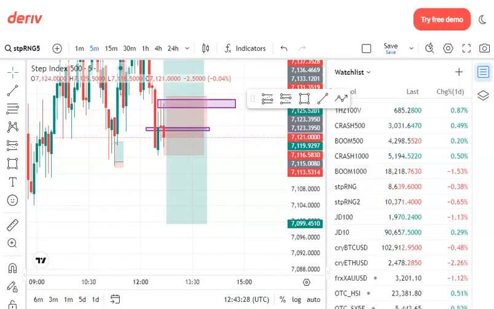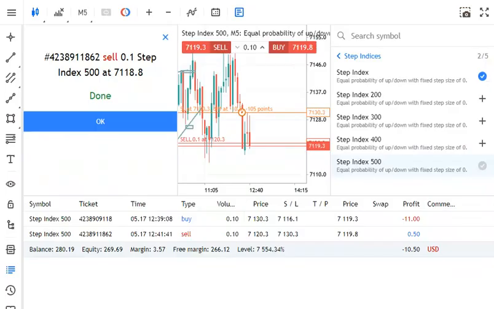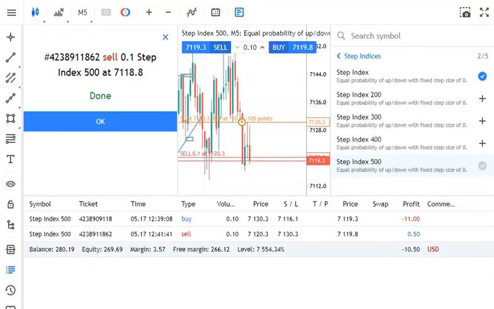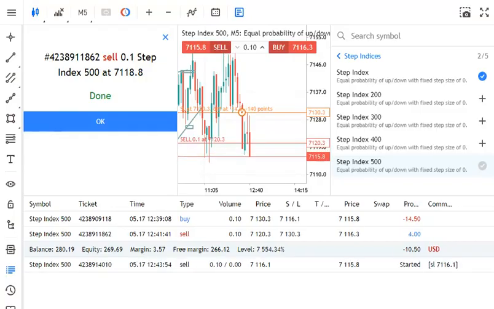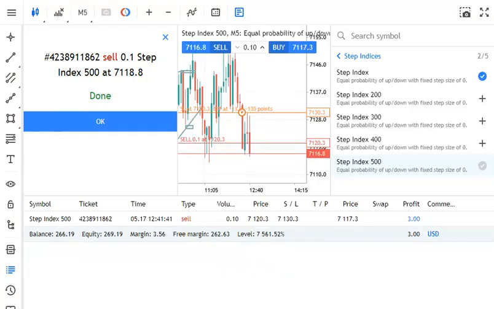So let's say 238 USD. Is it 238? Or is it 280 equity? 280 USD. So let's say 280 USD minus 14 USD equals 266.